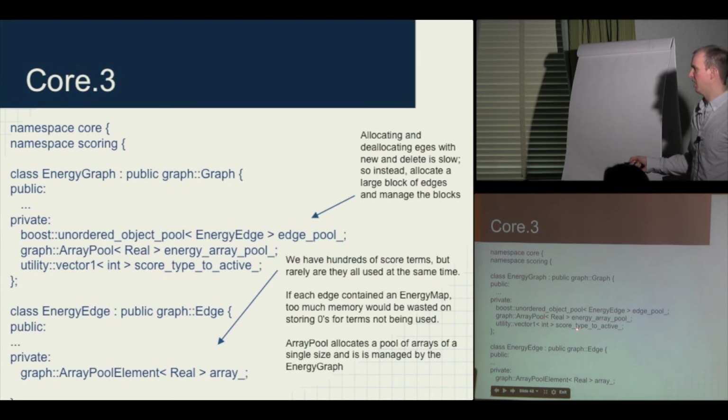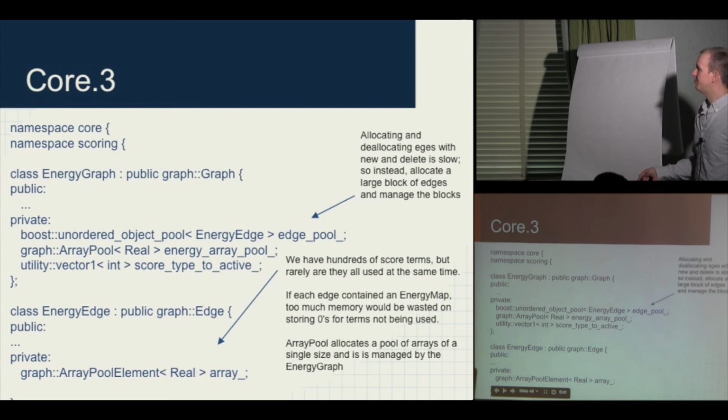And it's managed by this. So when you ask for an entry, say, for FA attractive, there's one array for the entire energy graph, which will map from the FA attractive enumeration value to which index it is in this array.